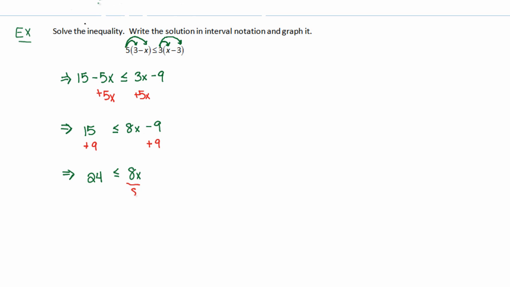It's important to state that I'm dividing by a positive number, because multiplying or dividing by a positive number will not change that inequality sign. And so I get the following: 3, that symbol, x.